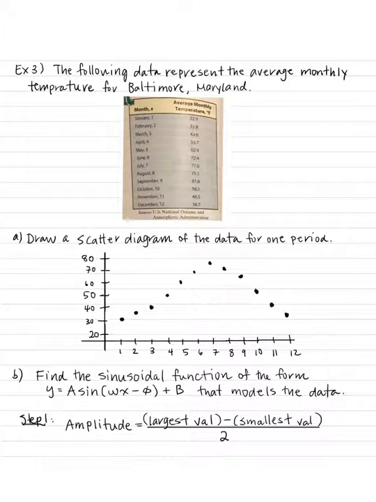Okay, example. The following data represent the average monthly temperature for Baltimore, Maryland. We're given January, February, all the way up to December, and we're also given the average monthly temperature in Fahrenheit.